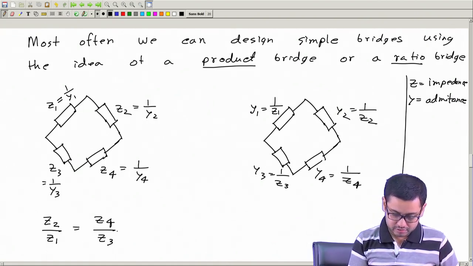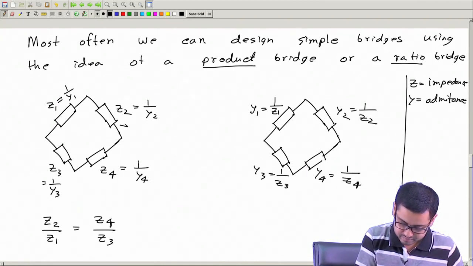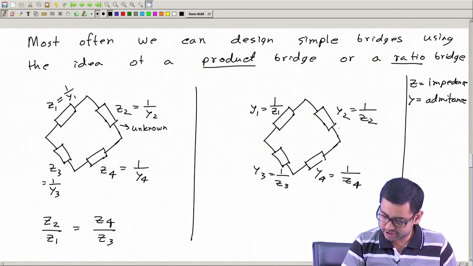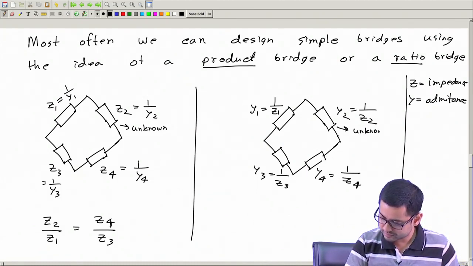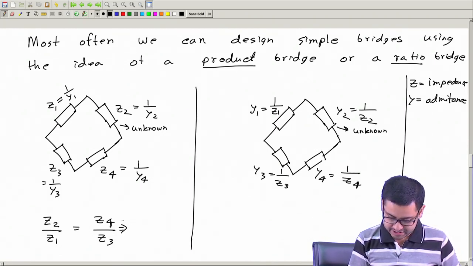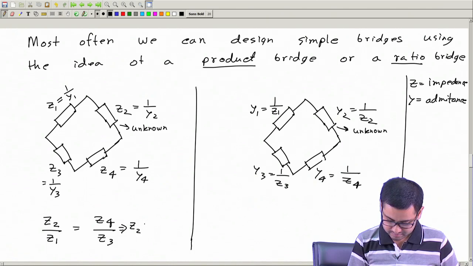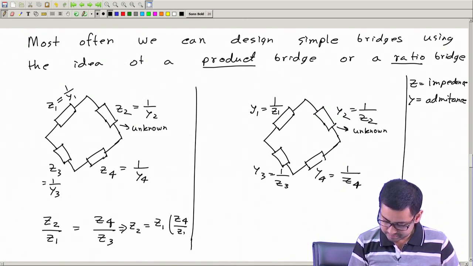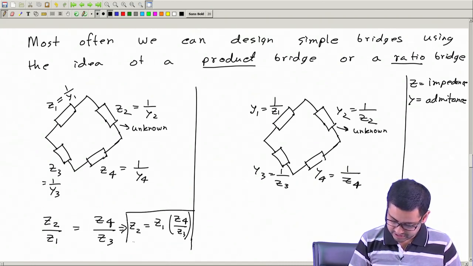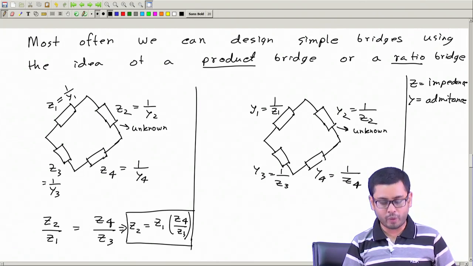And then if I call one of them, say this is the unknown, here also let this be the unknown. Okay. So, then we can write the unknown Z2 as Z1 multiplied by Z4 by Z3. This is the unknown in terms of the known ones.